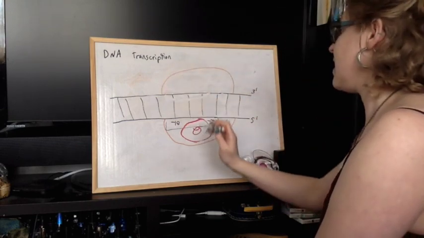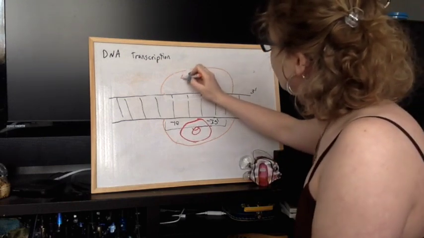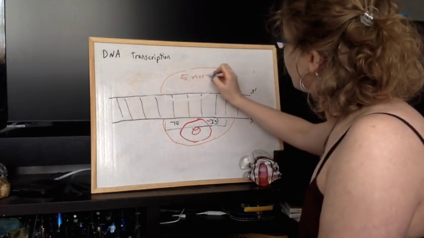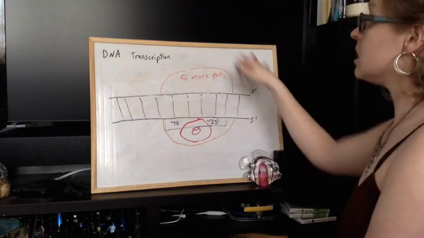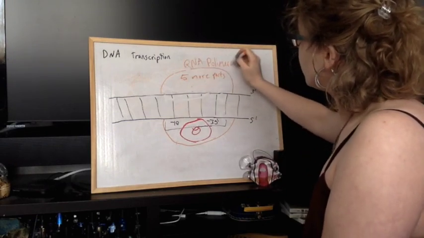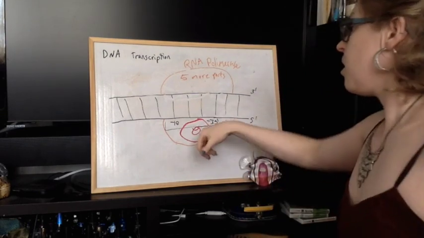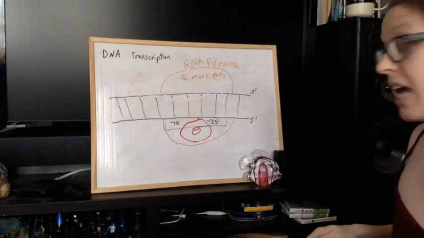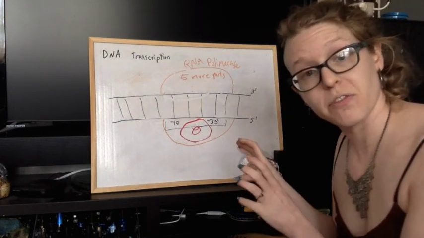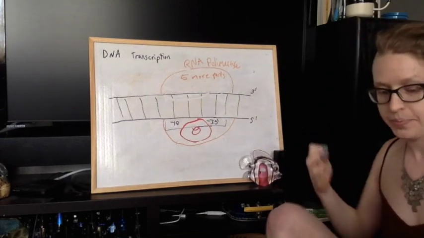Keep in mind that there are 5 more parts to the RNA polymerase complex. But all you need to know is that there's 6 in total, sigma factor and 5 others. Together they make RNA polymerase.